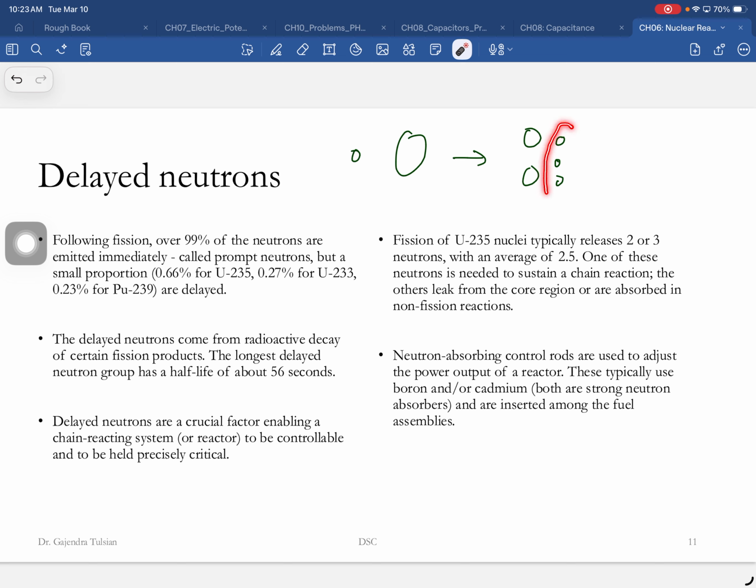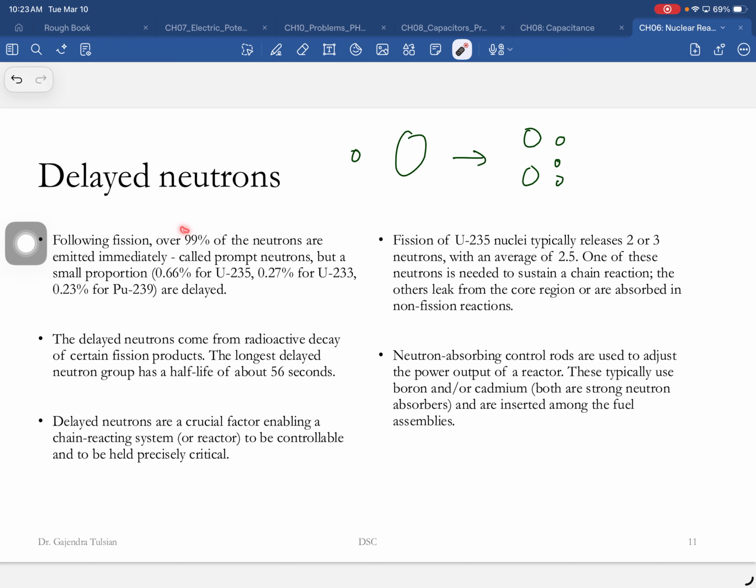If 100% were emitted immediately, then you couldn't make a nuclear reactor. All you could do is make bombs. So this is crucial. 99% are emitted immediately, called prompt neutrons, but a small portion are delayed.